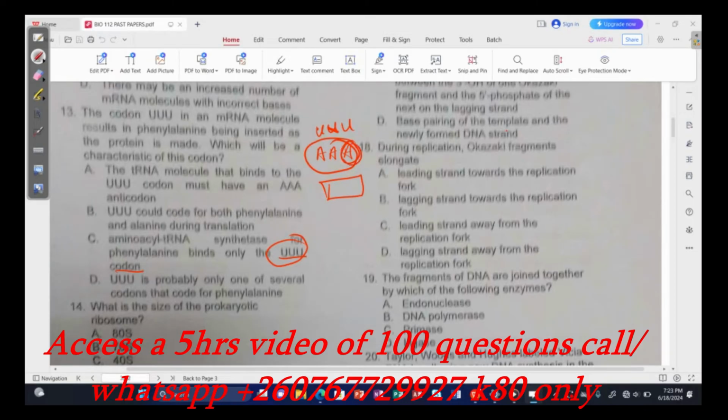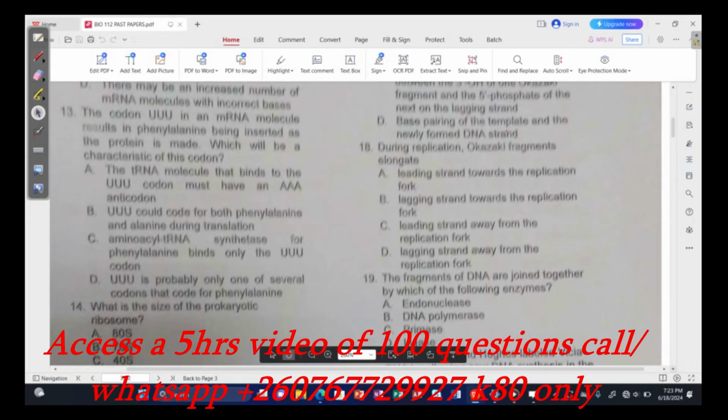So it's not always that the tRNA synthetase, in this case for phenylalanine, binds only to that. Then D is saying UUU is probably only one of several codons that code for phenylalanine. That is true. Phenylalanine is one of those amino acids that can be coded by more than one codon.